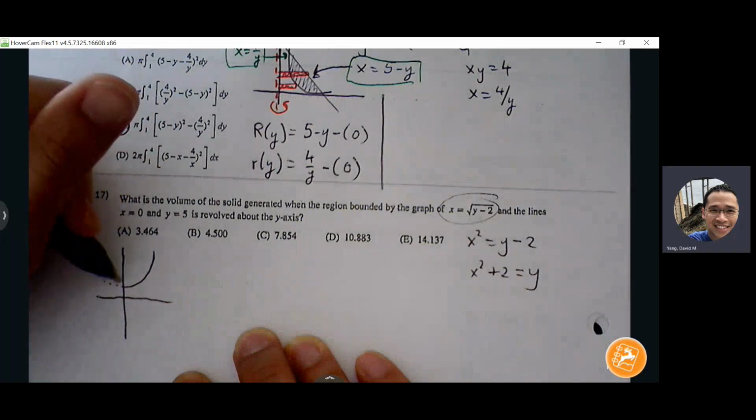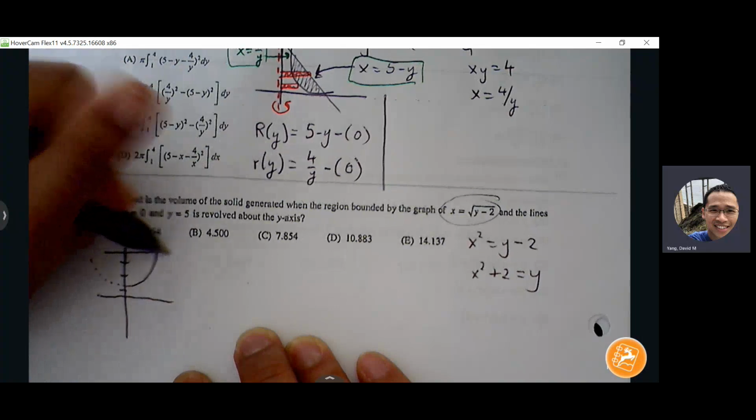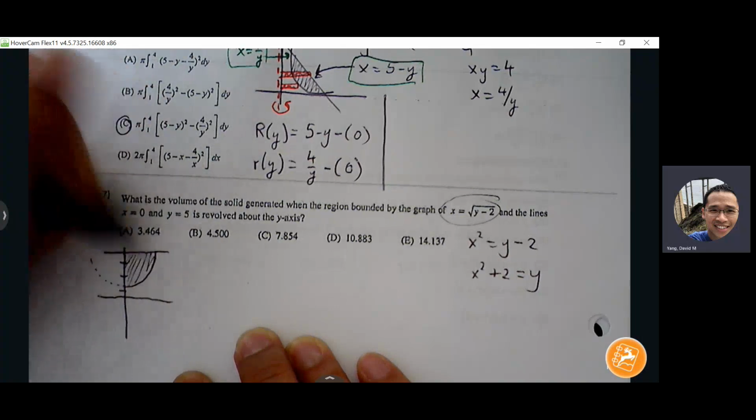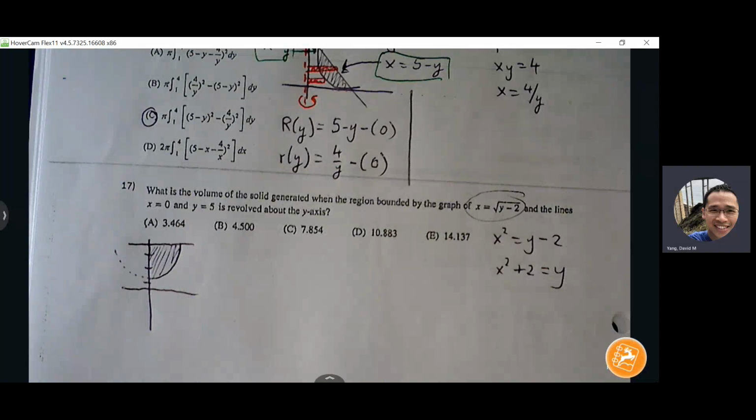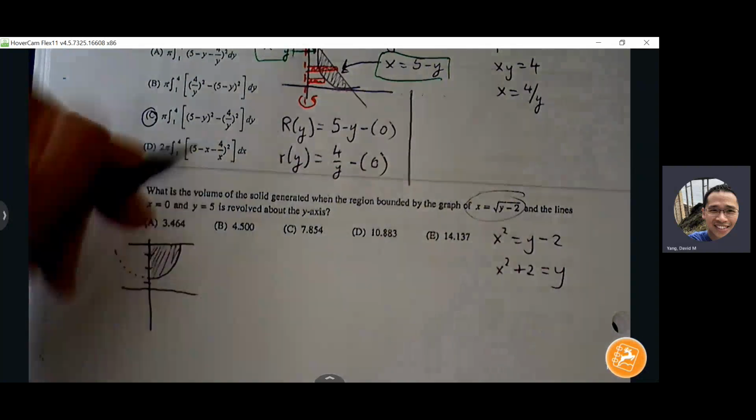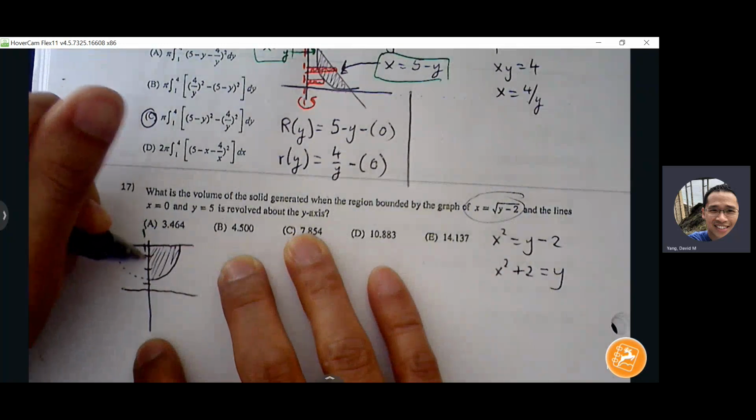So it's between this curve, y equals 5, and the y-axis. It kind of looks like a quarter circle shaded region. You're rotating that shaded region around the y-axis.